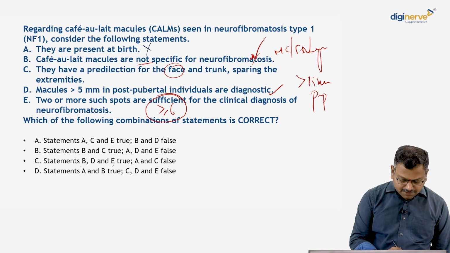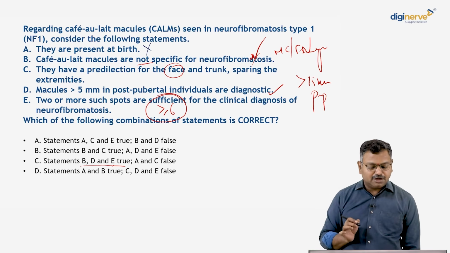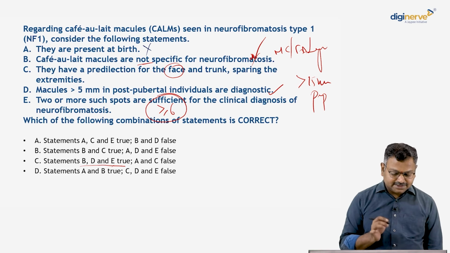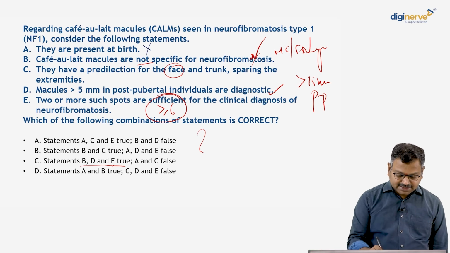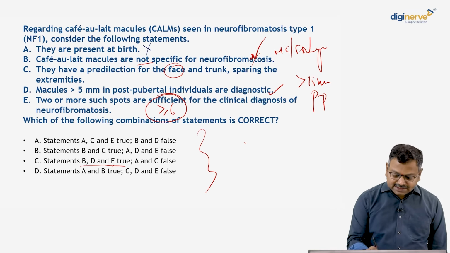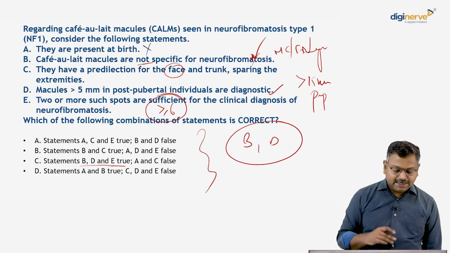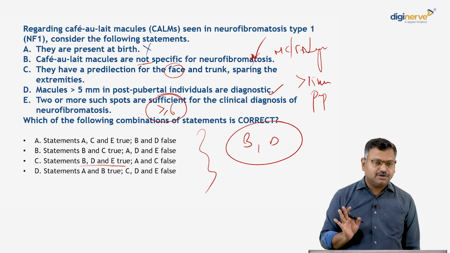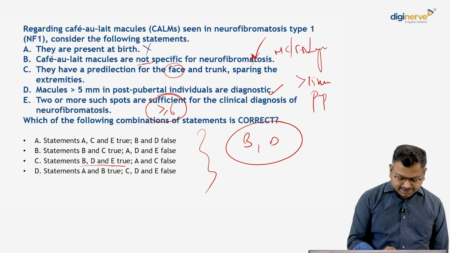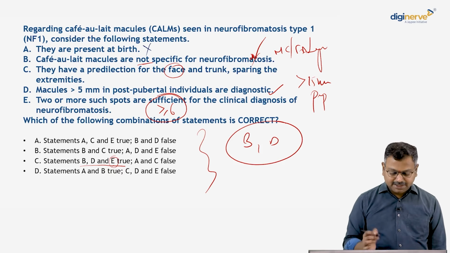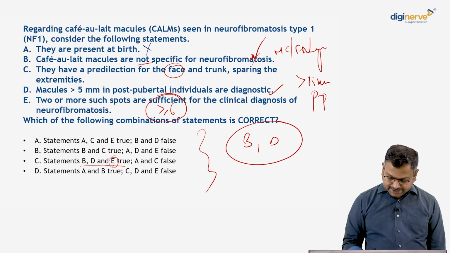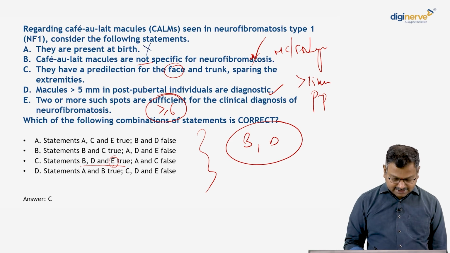So based on these statements, what is very correct is B and D. B and D are definitely correct. The rest of them are not correct. But here they have given one more option, E, which may be considered as true in this context. So option C is the correct option here.